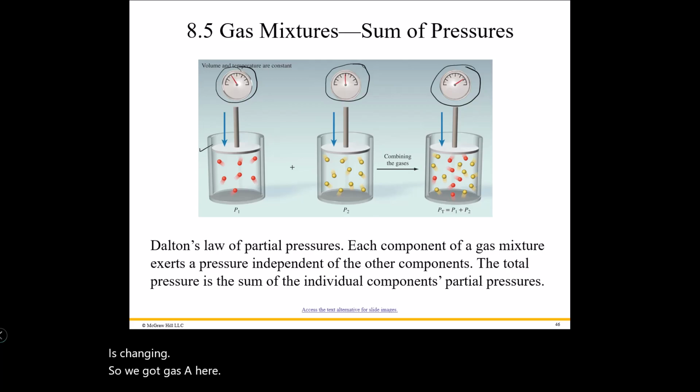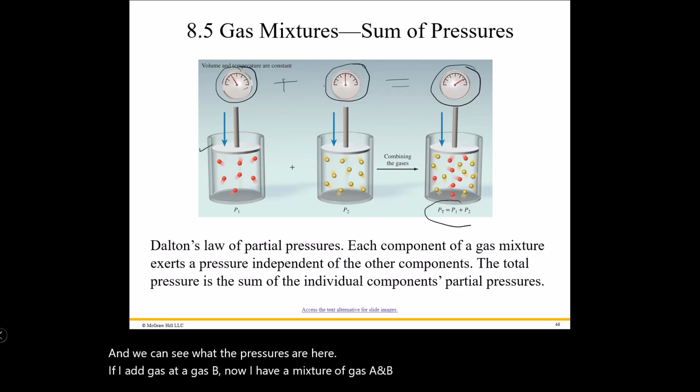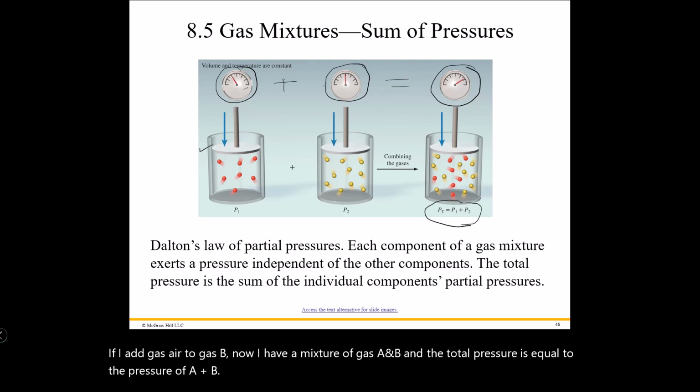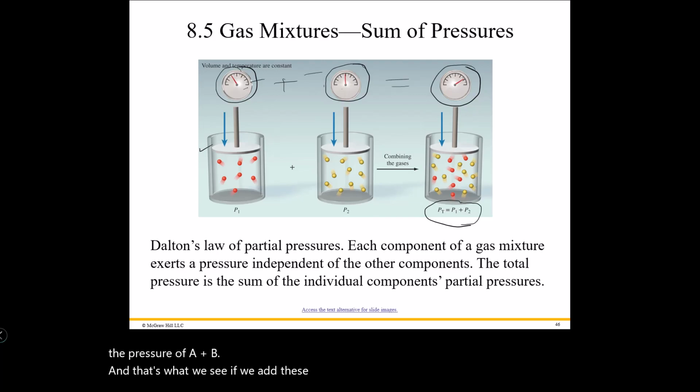We got gas B here. And we can see what the pressures are here. If I add gas A to gas B, now I have a mixture of gas A and B, and the total pressure is equal to the pressure of A plus B. And that's what we see. If we add these two things together, we get that pressure there.